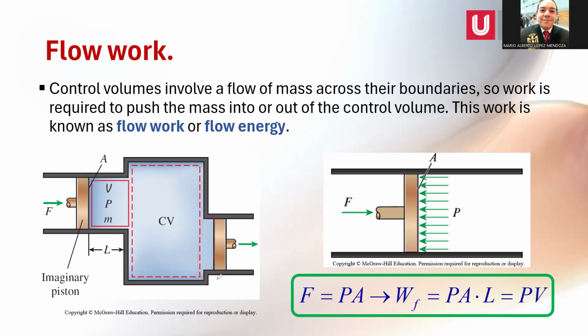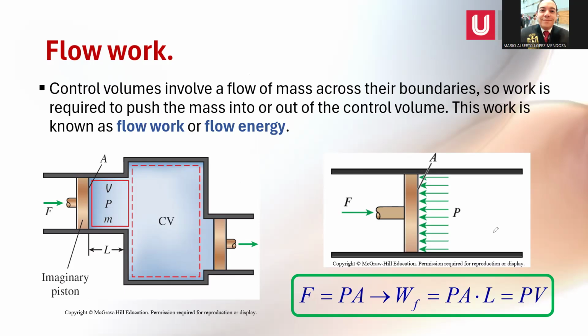When we apply the force, we have a displacement of the fluid out of the control volume, and this displacement is related with the flow work for getting the fluid out of the control volume.